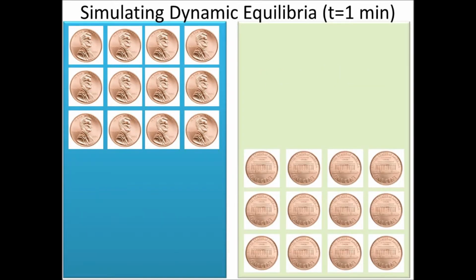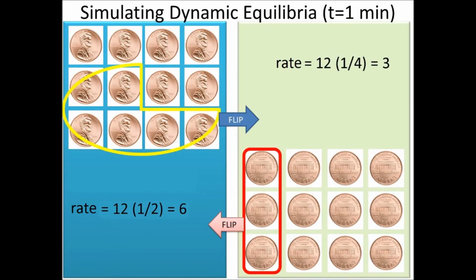At time 1, or 1 minute after the experiment has started, we record that 12 pennies are heads up, or state A, and 12 pennies are tails up, or state B. Then during this time interval, we use both rate equations to calculate the rate of change. The number of pennies that are heads up that flip to tails are the concentration of the pennies on the left, that's 12, times the rate constant, that's 1/2.